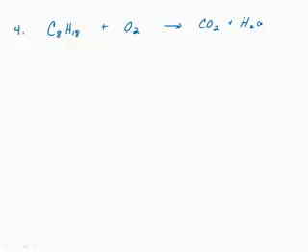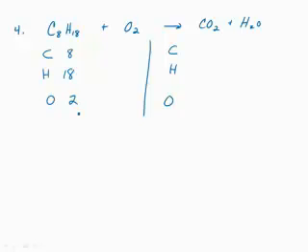All right, let's do our little accounting thing. I have carbon, hydrogen, oxygen on each side. On the reactant side I've got 8, 18, and 2. Here I have 1 carbon. I have 2 hydrogens. In the oxygen, I have 2 in the carbon dioxide plus 1 from the water. So I have 3 oxygens.